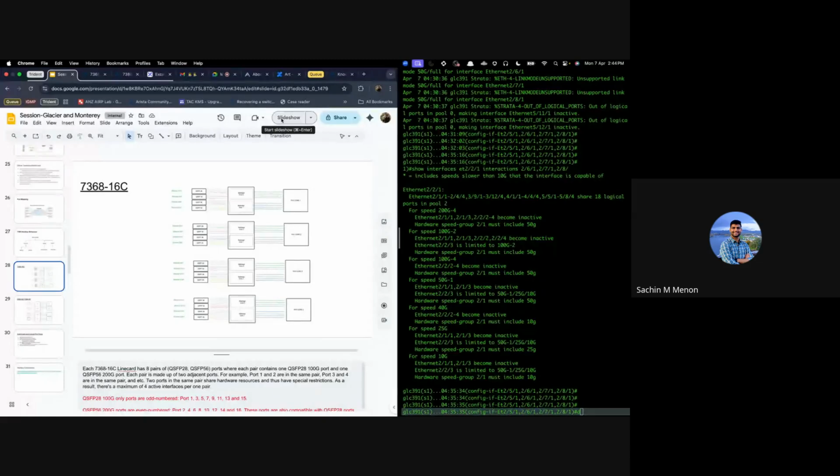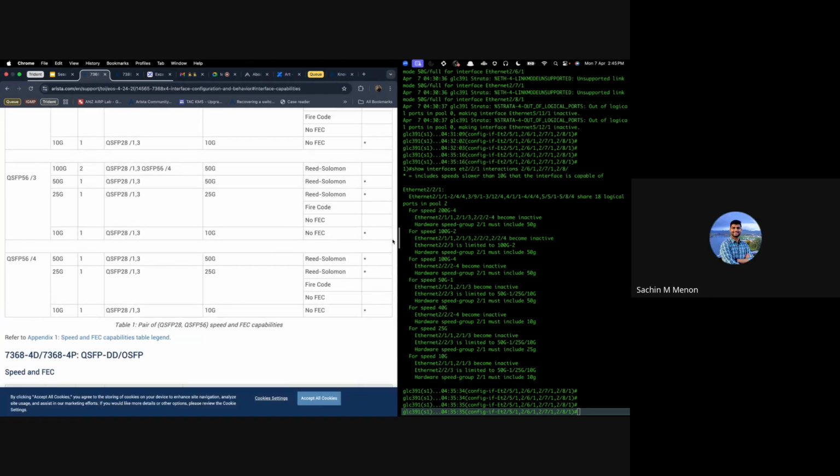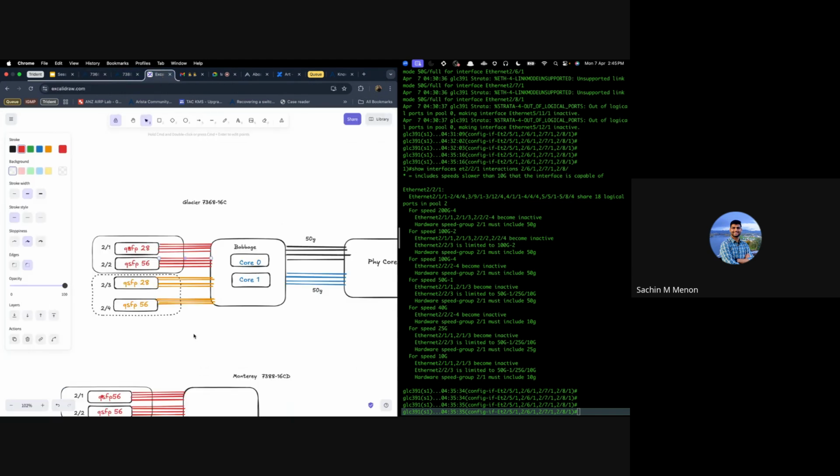Just one thing, so I can't run 2/2/1, 2/3/1, 4/1, like that, four of them in 100 G. Looking at this output, the speed for 100 G-2, if I run 2/2/1 in 100 G, then 2/1/1 goes inactive, right?